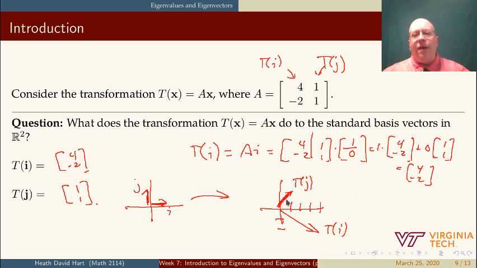Both vectors have changed magnitude. i has changed magnitude by a lot. j has also changed magnitude. This one has a length of 1. This diagonal has a length of square root of 2. And they both change directions. And so both vectors changed in magnitude and direction.